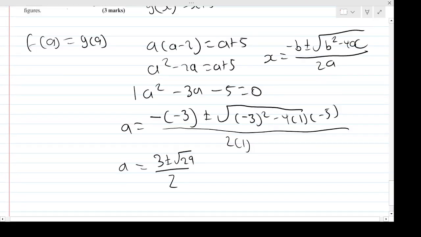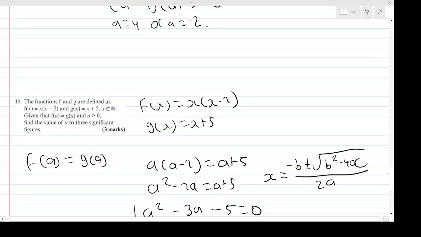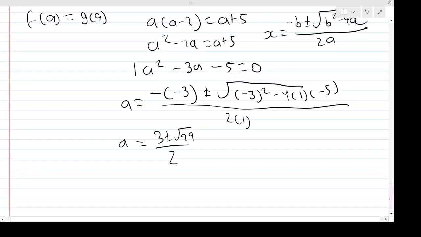So we've got this value of a, so it's 3 plus root 29 over 2, or 3 minus root 29 over 2. But it's asking us to give it to 3 significant figures. So really, you need to convert this to a decimal. Either a, well, 3 plus root 29 over 2 is 4.1925 dot dot dot, or a, 3 minus root 29 over 2, would give me minus 1.1925 dot dot dot, and then we need to give that to 3 significant figures.